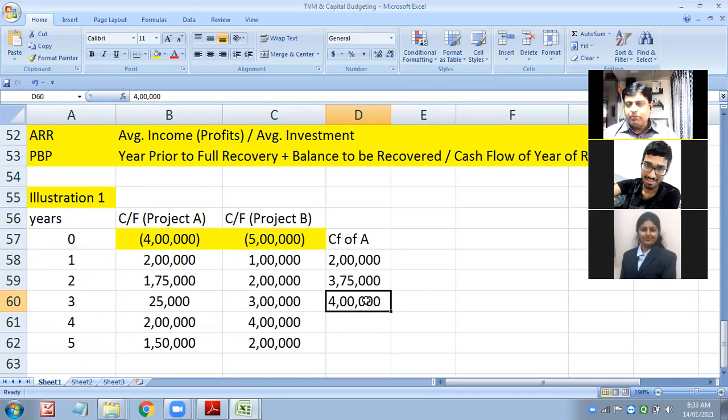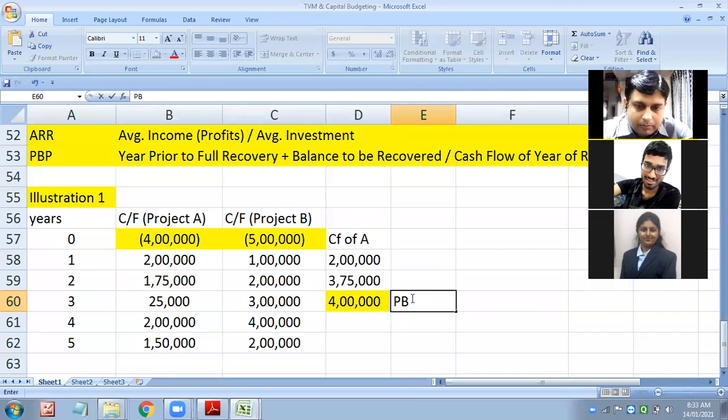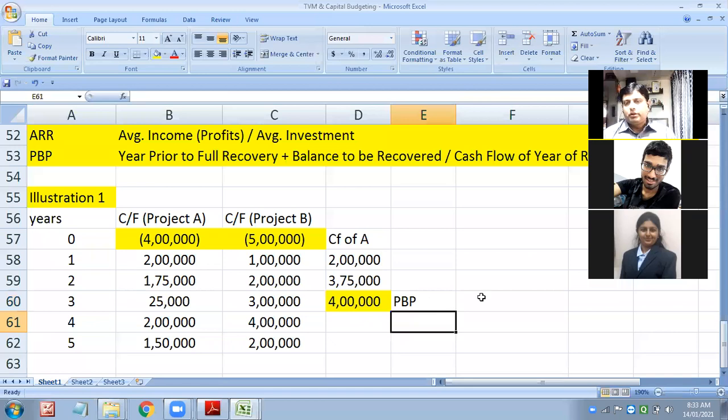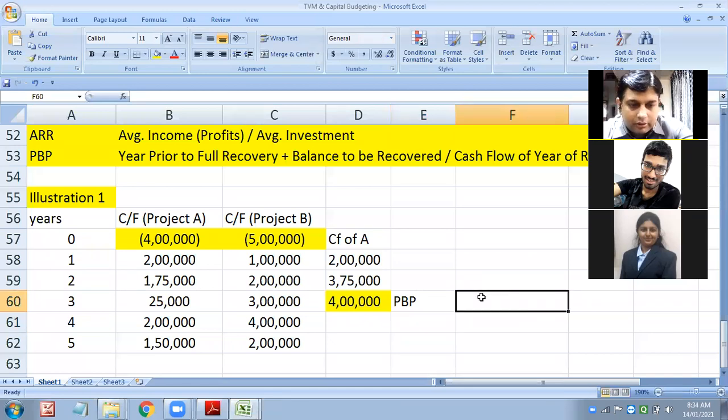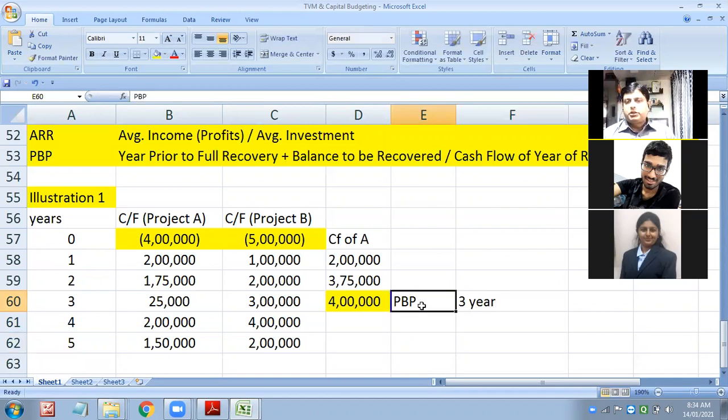So what is the payback period for me? The payback period is the third year. Understood, everyone? Yes, sir. That is for project A.